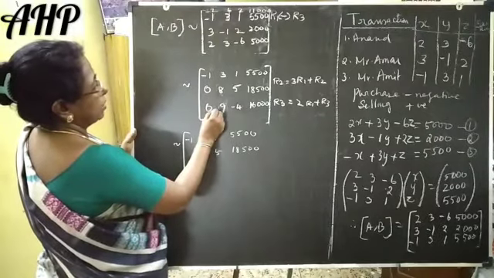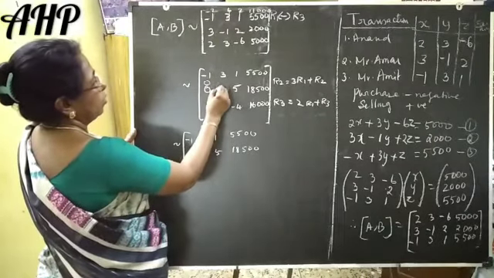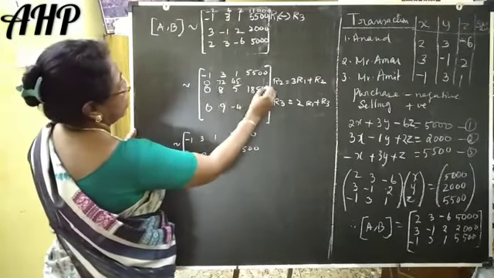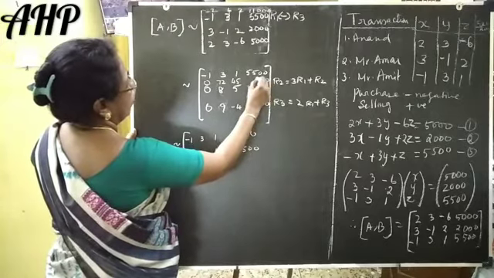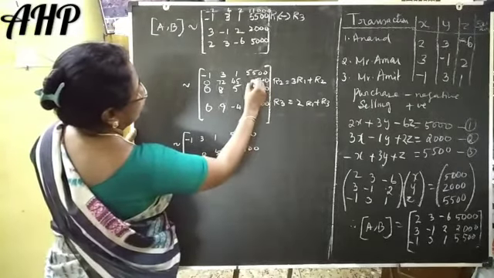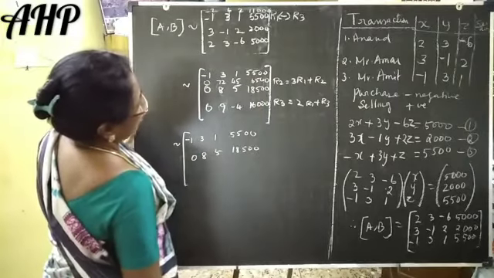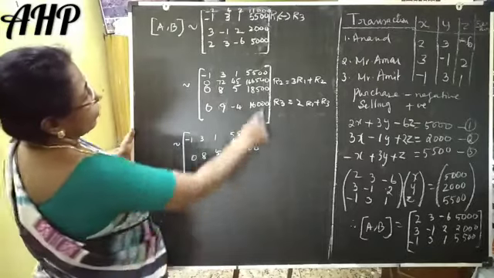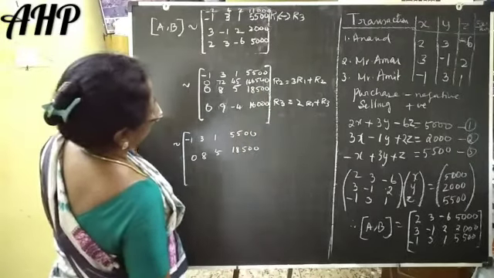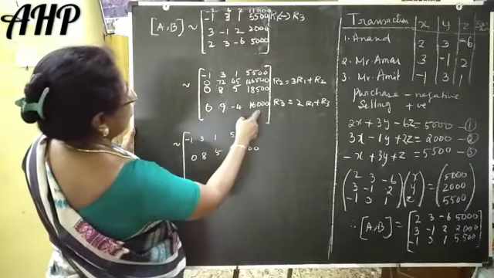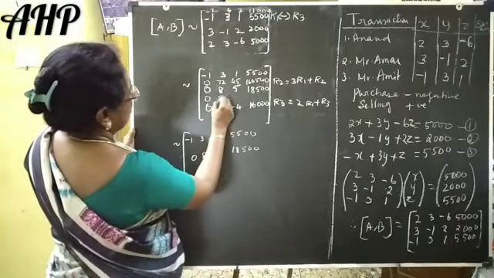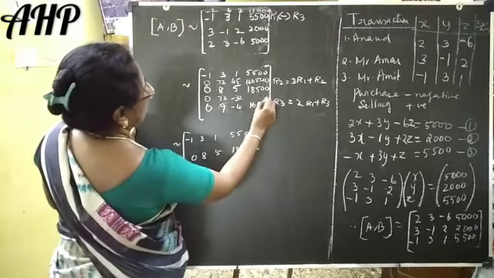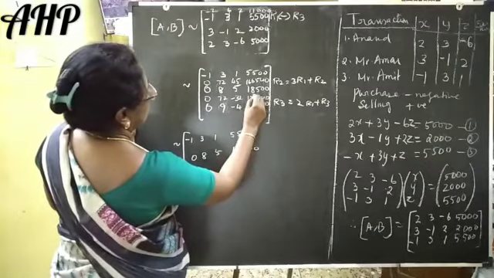Now you multiply this row by 9, you get 0, 72, 45, and the right side multiplied by 9. Then multiply the other row by 8, you get 0, 72, 32, 128,000.